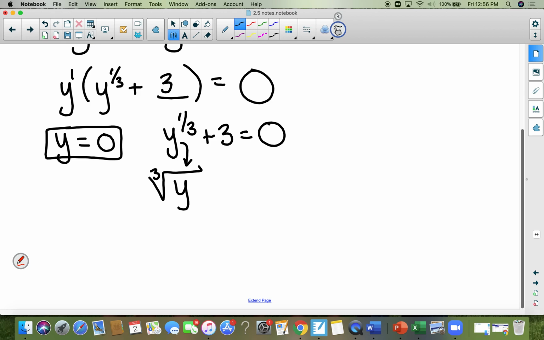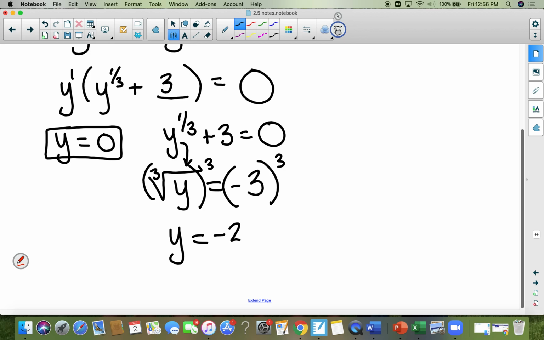Y raised to the 1/3 is the same thing as the cube root of y equals a -3. And all you have to do is, if you want to get rid of the cube, you have to cube both sides. So y is equal to a -3 times a -3 times a -3, which is a -27.